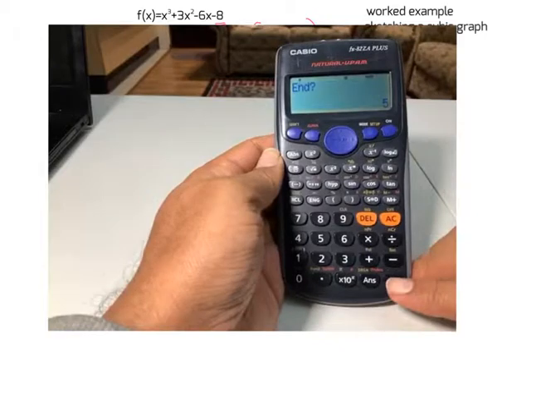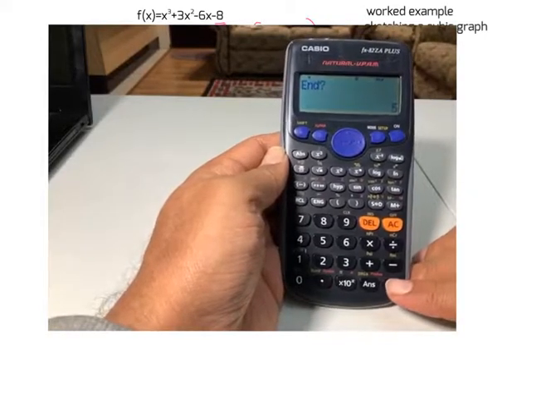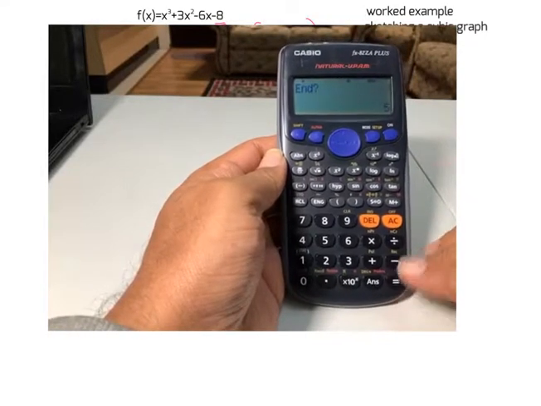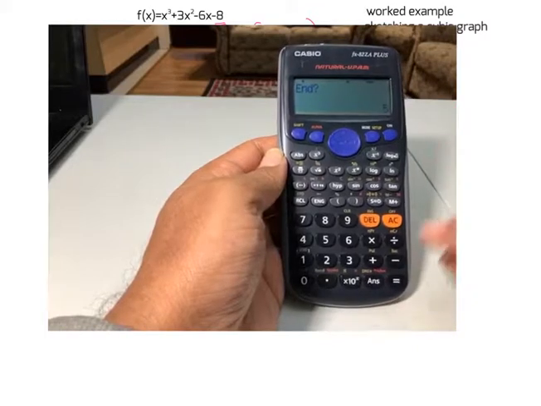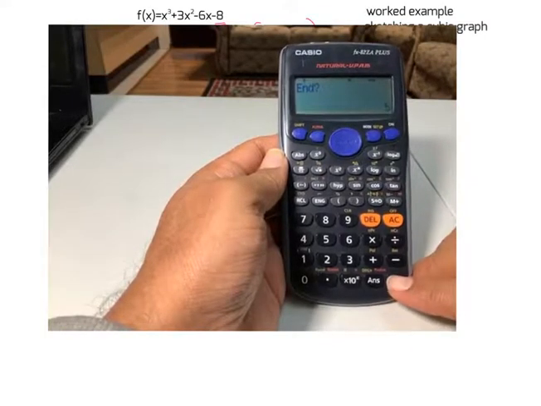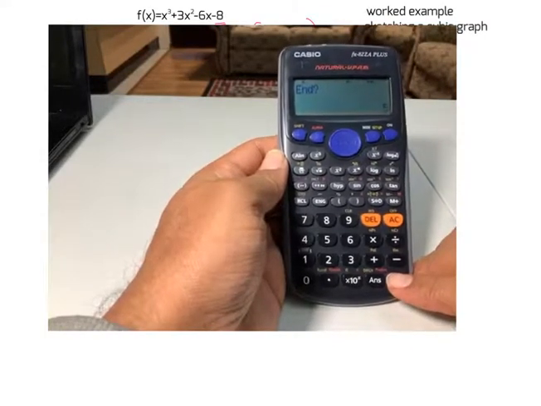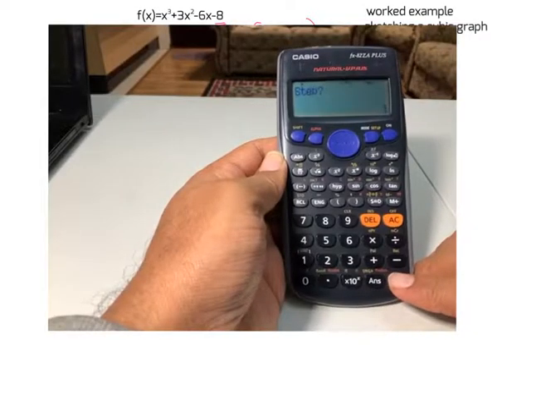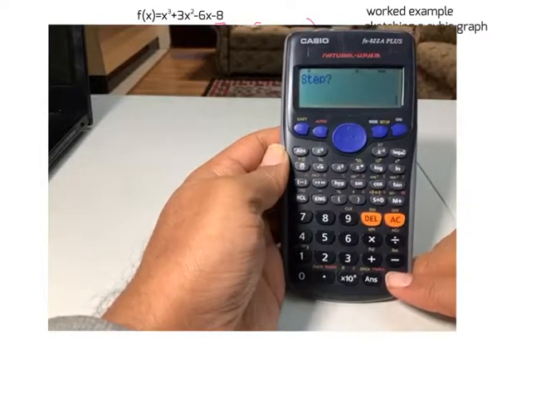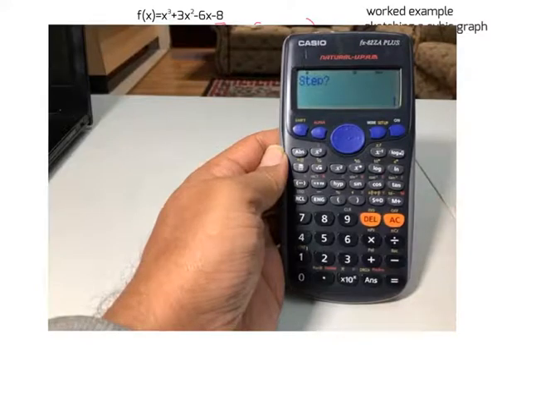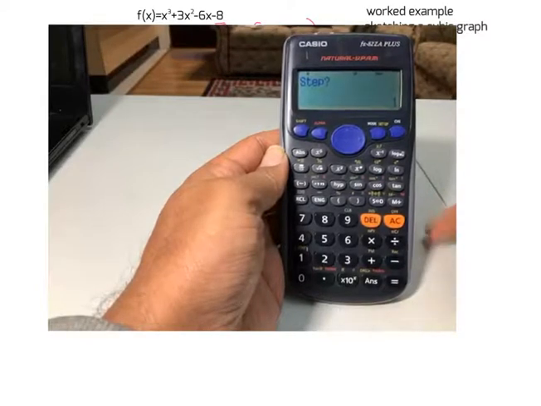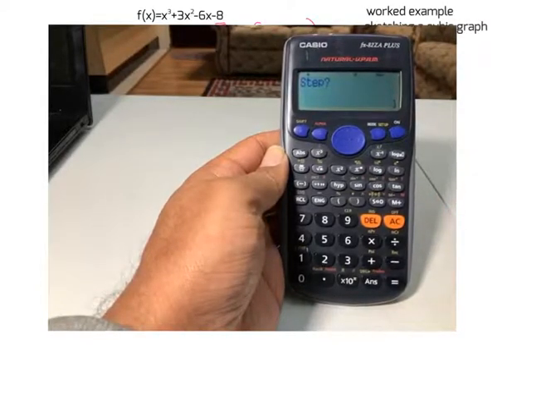The calculator has limited memory, therefore limit the numbers to 15 to 20 values. So I start from negative 5 and end at positive 5, and my step is 1. So the increment from negative 5 to 5 is 1. That is, after negative 5, negative 4, negative 3, negative 2.